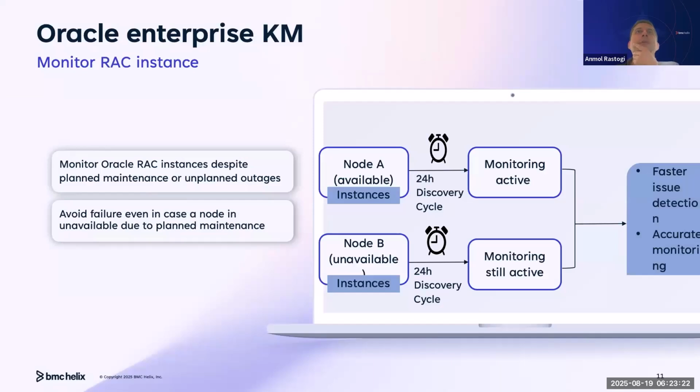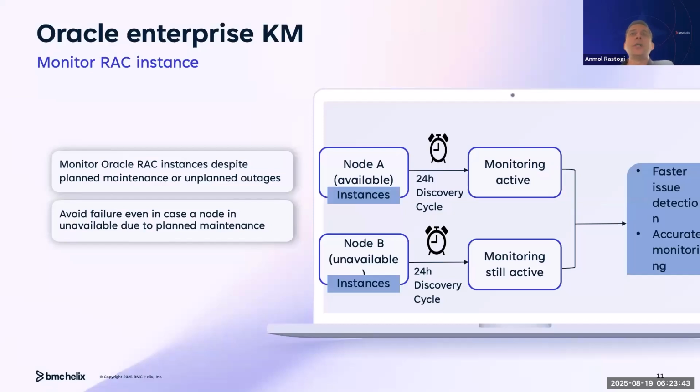We have also now introduced monitoring of RAC instances, whether they are unavailable or available, it doesn't matter. Many times, customers put Oracle RAC instances into maintenance mode, or the node goes into passive mode.